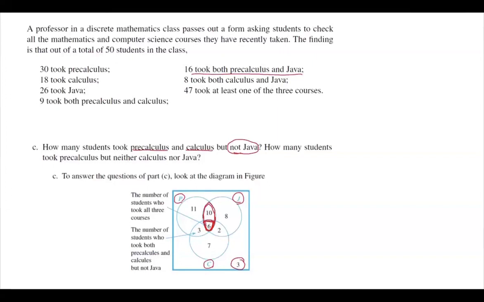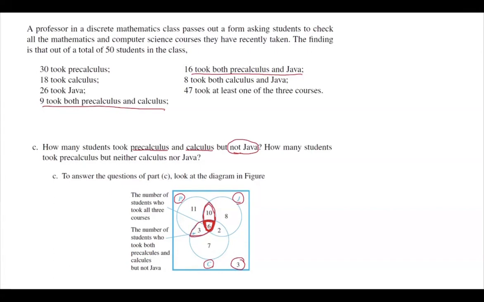The number of people who took pre-calculus and calculus is 9. So 6 of them are in the center here, took 3 classes. So you're left with 3 students who took pre-calculus and calculus.